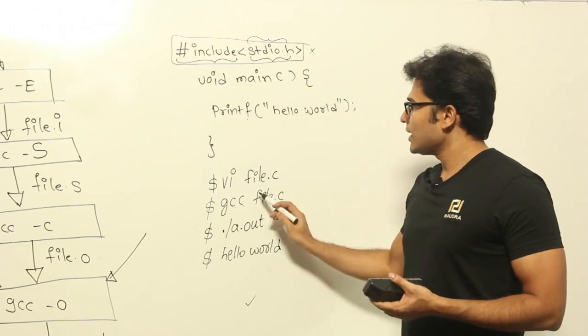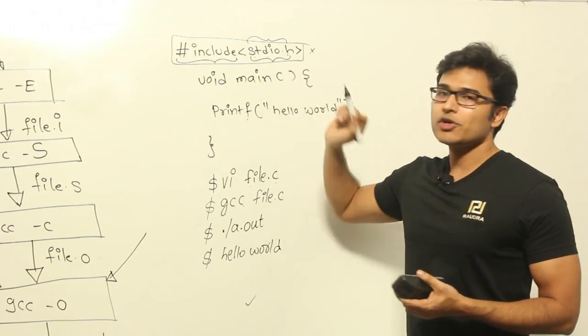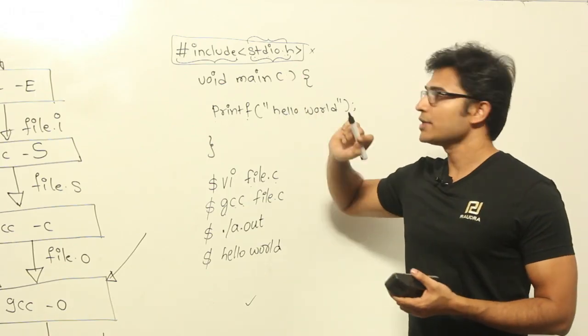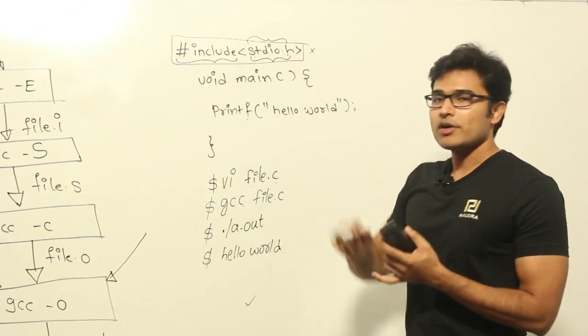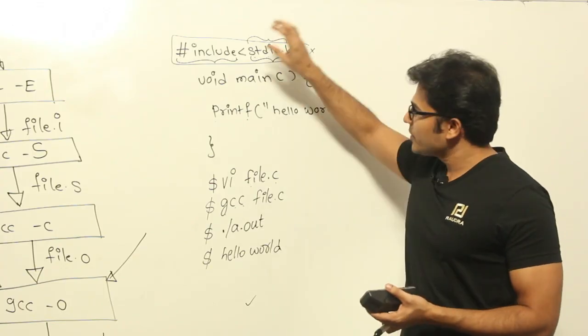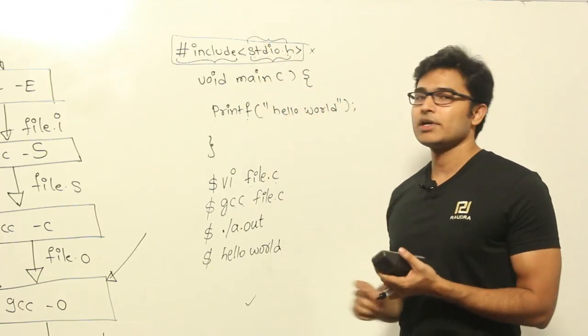Our file name is file.c, but there is a file called stdio.h. You go and fetch that file, and whatever contents are there, you just paste all the contents here before you process it further. That is the meaning of it.